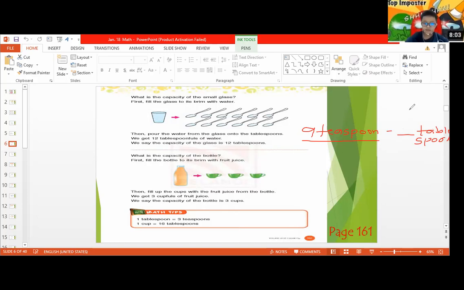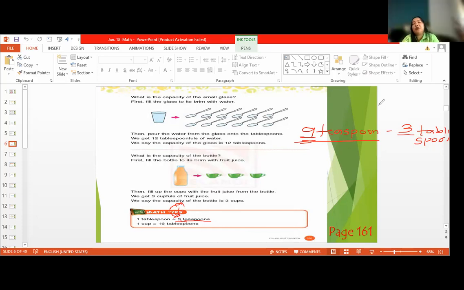Why 3? Because 1 tablespoon is 3 teaspoons. But I am asking 9 teaspoons, so this one becomes 9. So what are you going to do? You need to divide it by 3. So 9 divided by 3, that is 3.